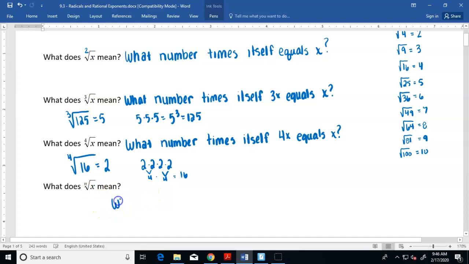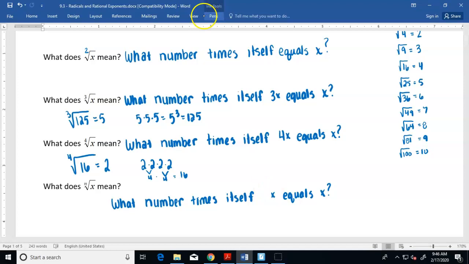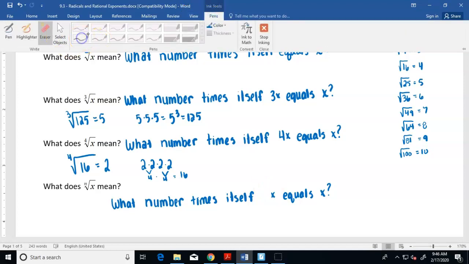That means what number times itself n times equals x. Not 5 times, n times. N times. What number times itself n times?